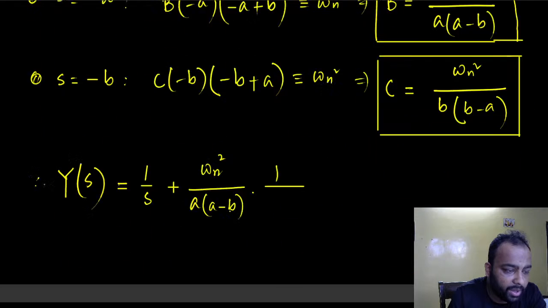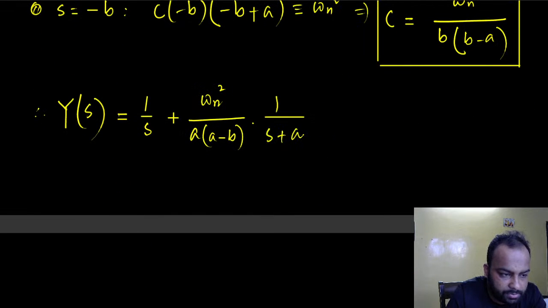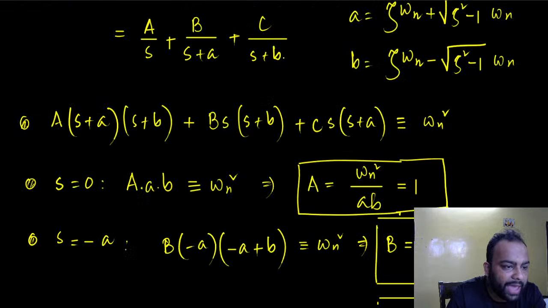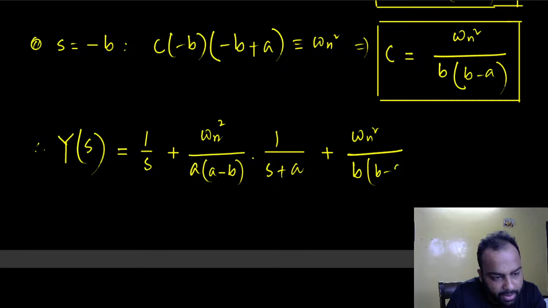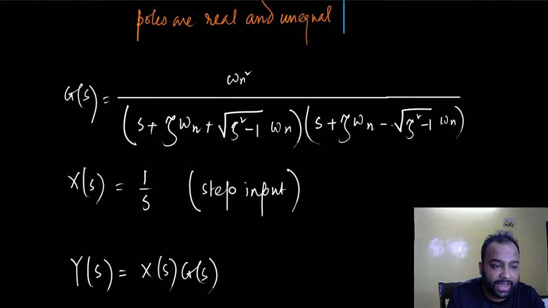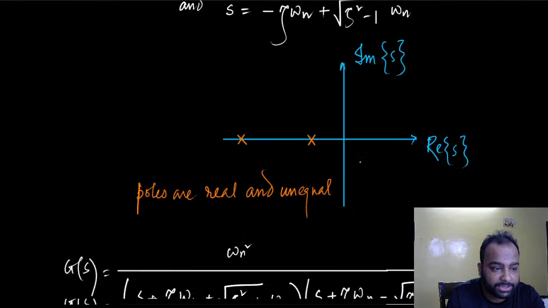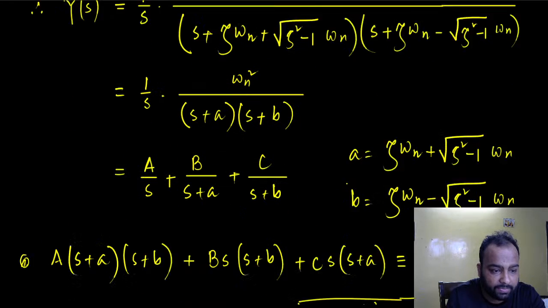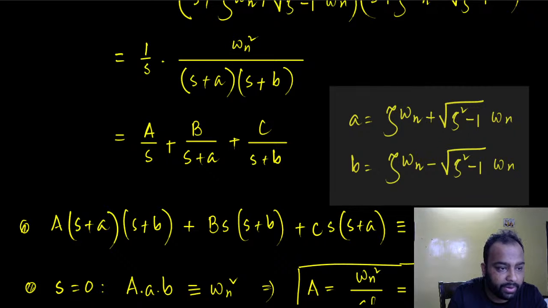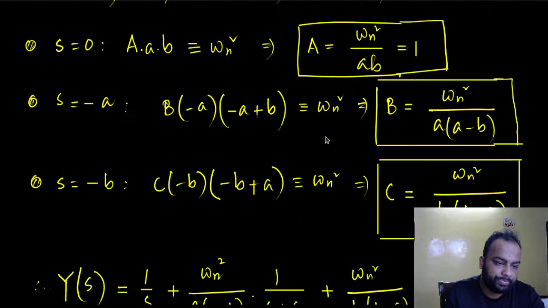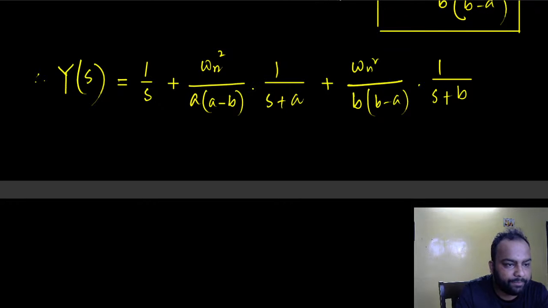And we have C by S plus B, which is omega n square divided by B times B minus A. Remember these big values of A and B; we assumed something for A and B here.